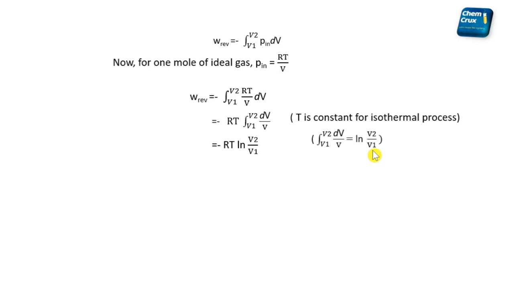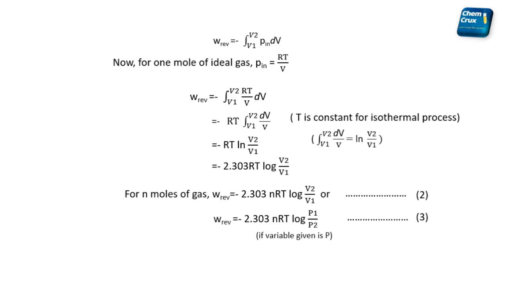And if we convert it in terms of log, we will get minus 2.303 RT log V2 by V1. Now for n moles of gas, W reversible is equal to minus 2.303 nRT log V2 by V1, or in terms of pressure, it will be equal to minus 2.303 nRT log P1 by P2, right?